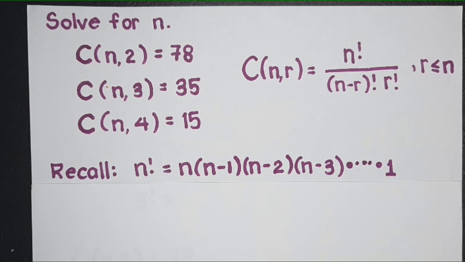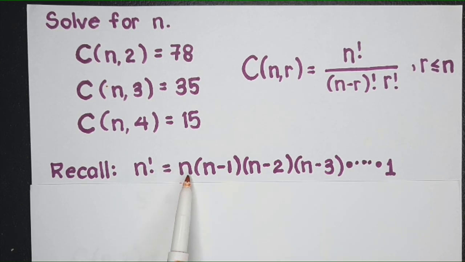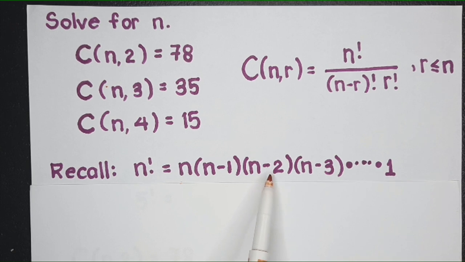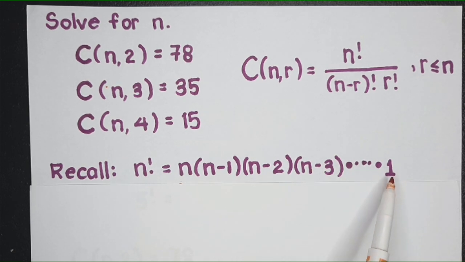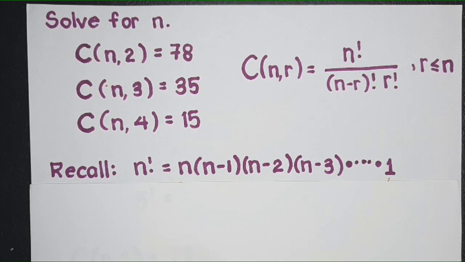Anong ibig sabihin ng n factorial? It means that, or it is equal to n times n minus 1 times n minus 2. So, inuubos lang yung n hanggang maging 1. Continuous lang na nagmaminus ng 1. Yun lang yung ibig sabihin ng n factorial.